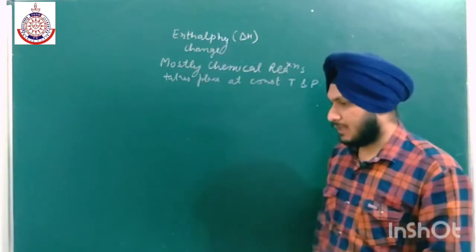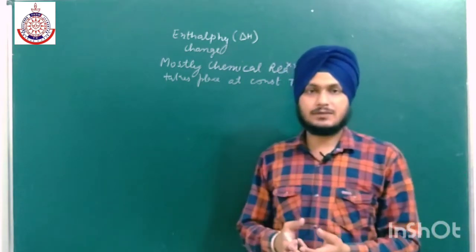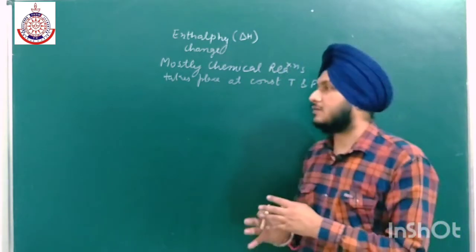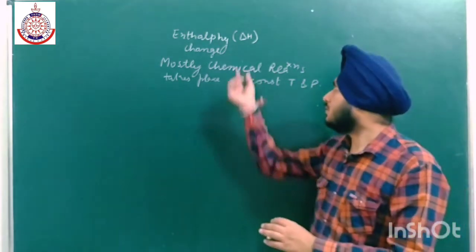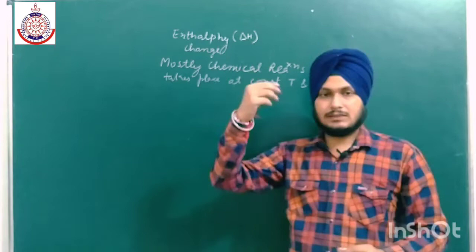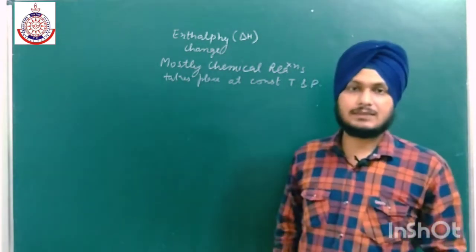Okay, so what is the enthalpy of a reaction? We have to discuss that. Before moving on to that part, we should know when enthalpy change is negative and when it is positive.